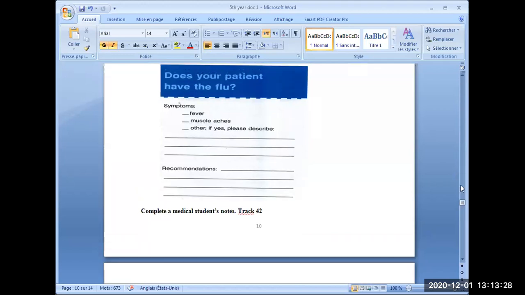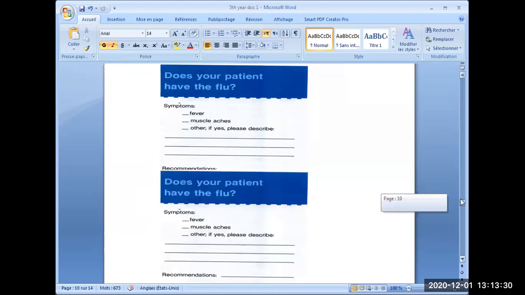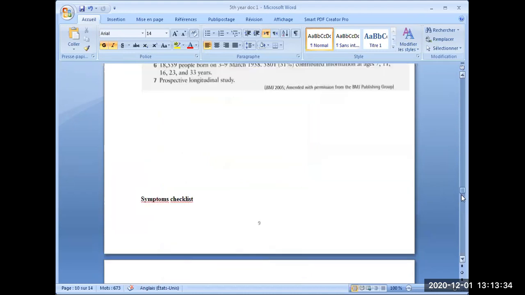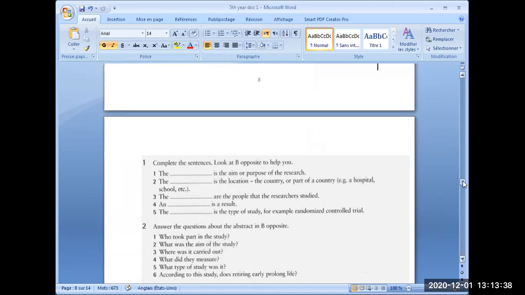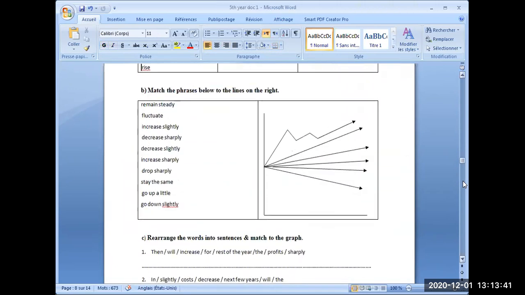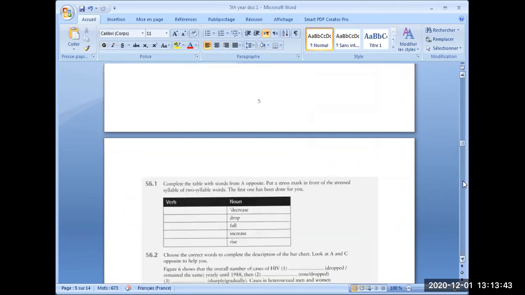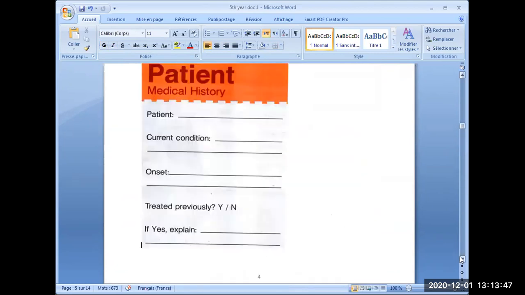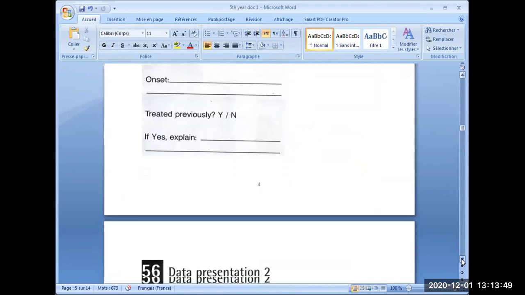Let me find the page first. Page 5. And I'm going to try to be a little bit quick to do the maximum of things together. So the first page is just to make acquaintance with the language, okay?